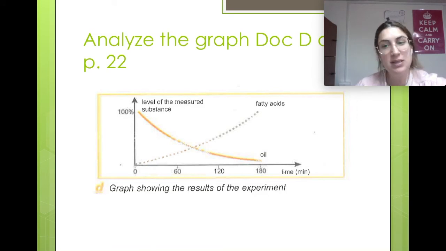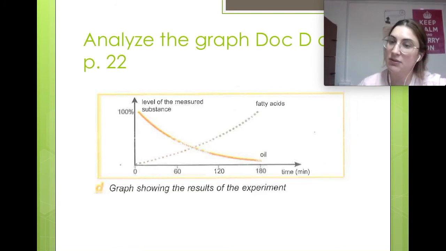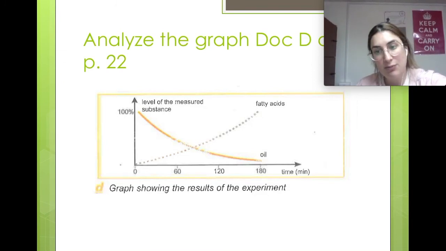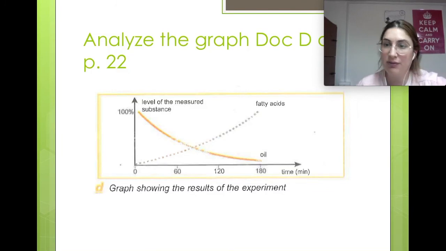Because we have two substances that were measured. First one is the oil and the second one is the fatty acid. So the level of the measured substance, how is it changing with respect to time? As time moves on, we're seeing the change in both the fatty acids and oil.